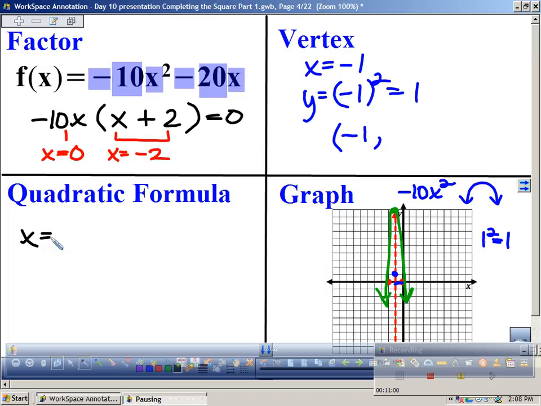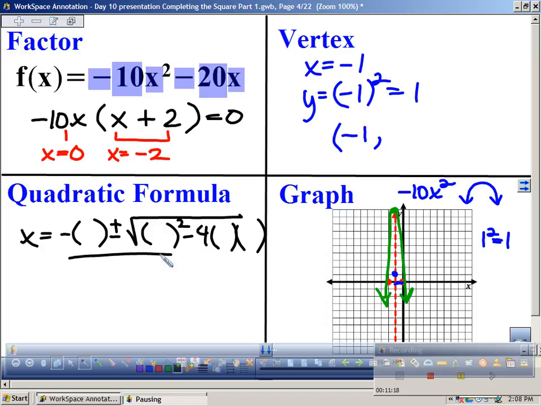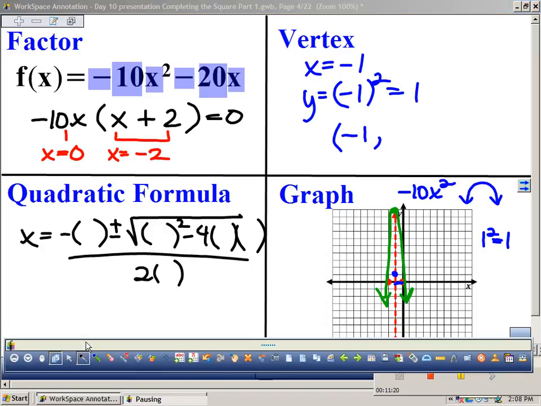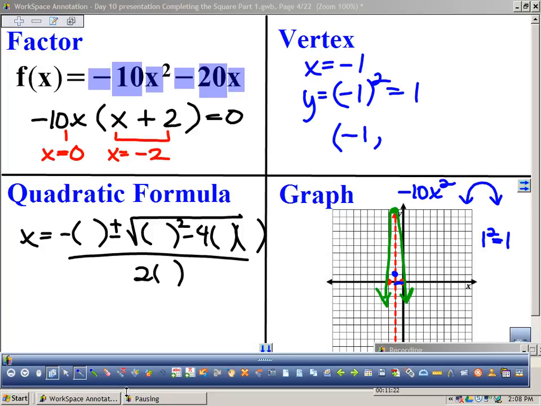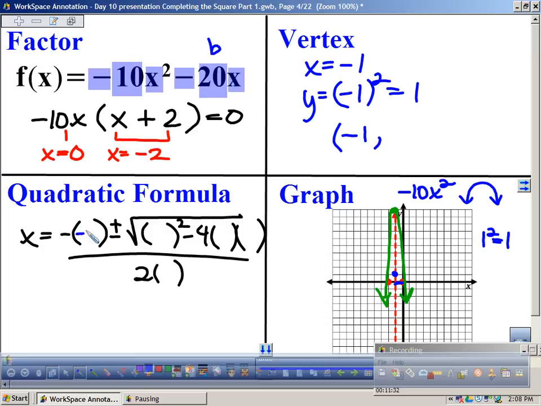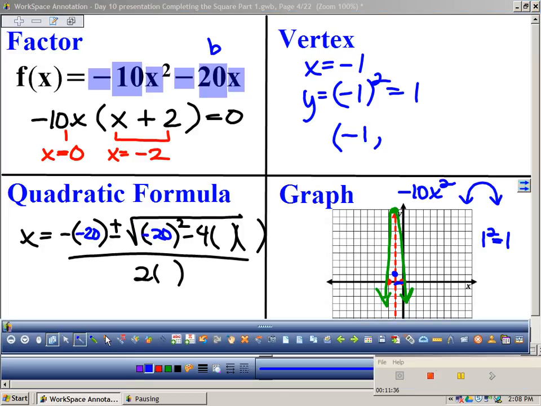All right, so X equals negative B plus or minus the square root of B squared minus 4AC all over 2A. Put my B in there first. Sorry, that's my A. Here's my B, negative 20. So put negative 20 in there. My A is negative 10.